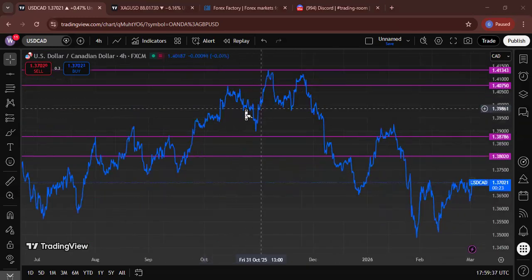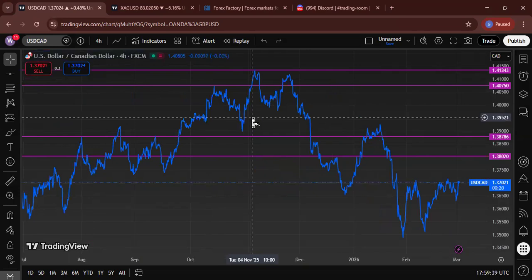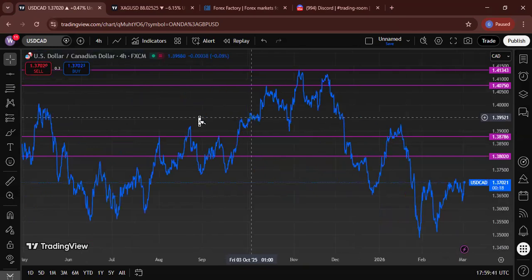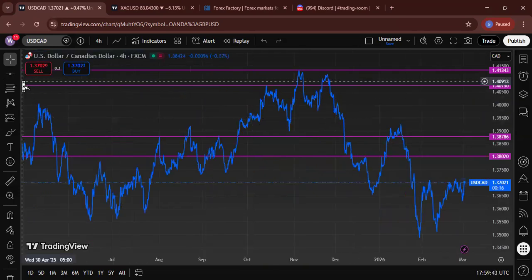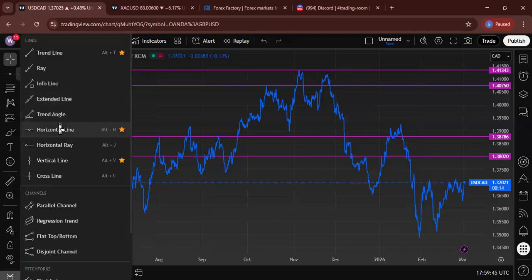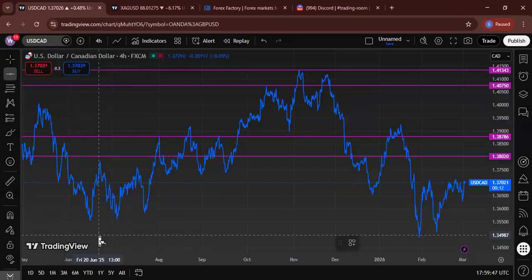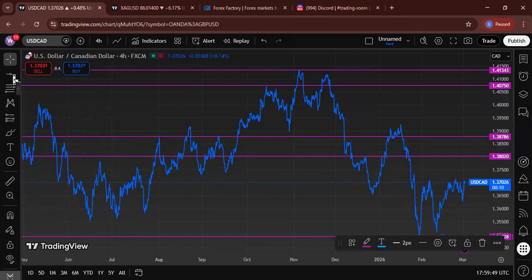So this is USDCAD. I'm trying to refine these levels here. Let me place this right here.